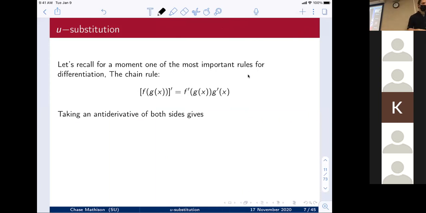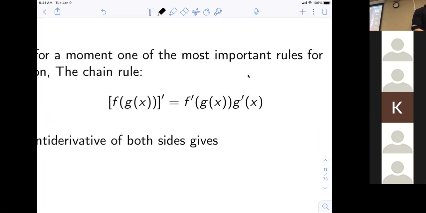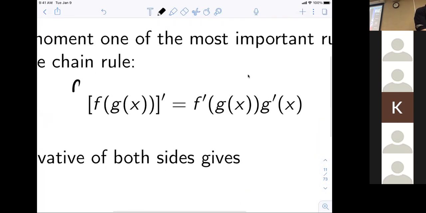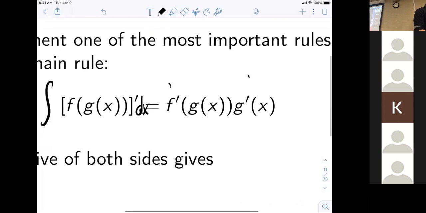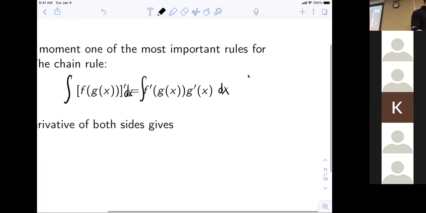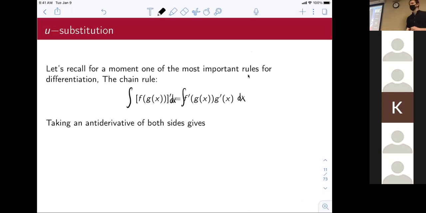Well, this gives us, if I take an indefinite integral of both sides of this with respect to x, what do I get on the left? If I integrate f of g of x all prime, what do I get? Think of the fundamental thing with calculus here.